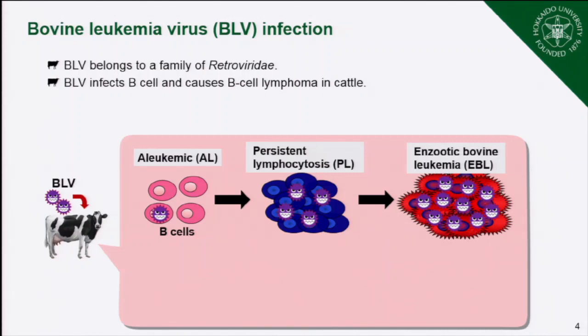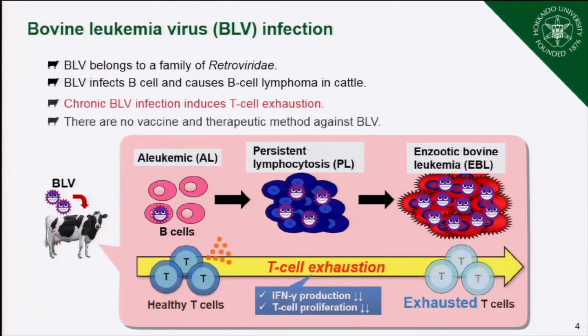BLV belongs to the family Retroviridae, which infects bovine B cells and causes B-cell lymphoma after a long latent period, basically 3 years later. And the immunological characteristic of this infection is T-cell exhaustion in line with disease progression. And there is no vaccine or therapeutic method against BLV.